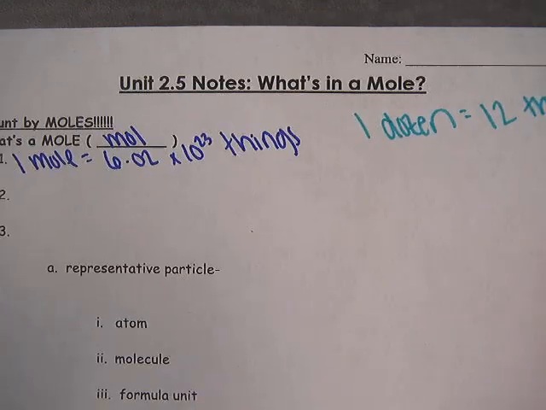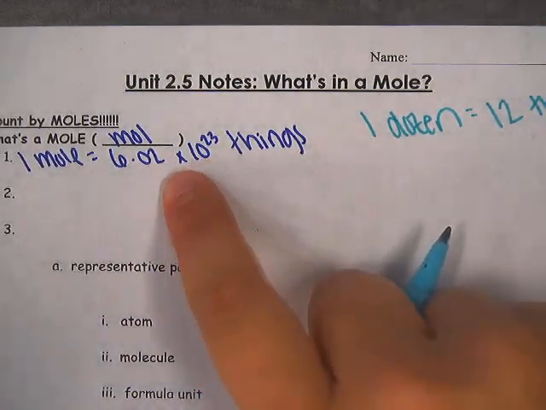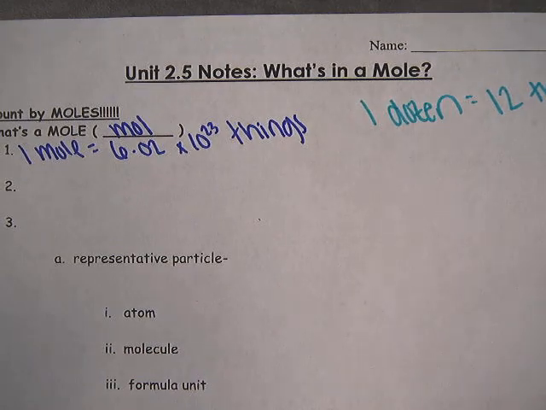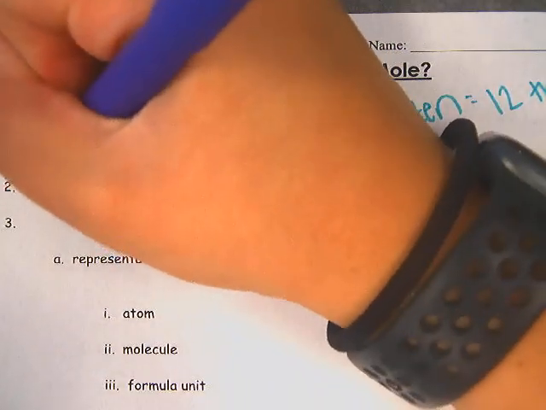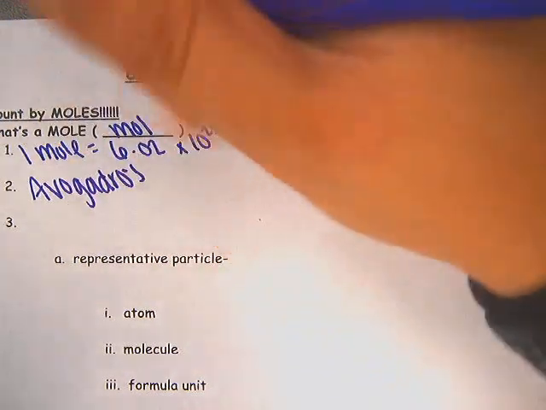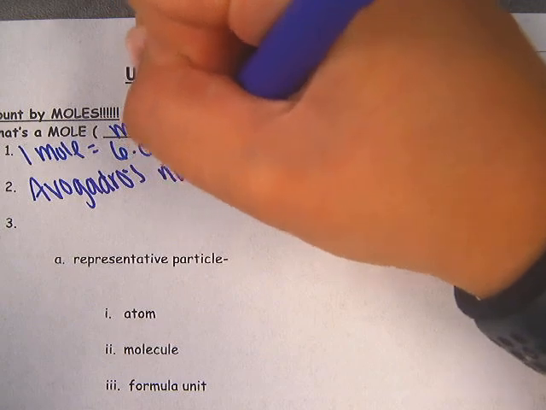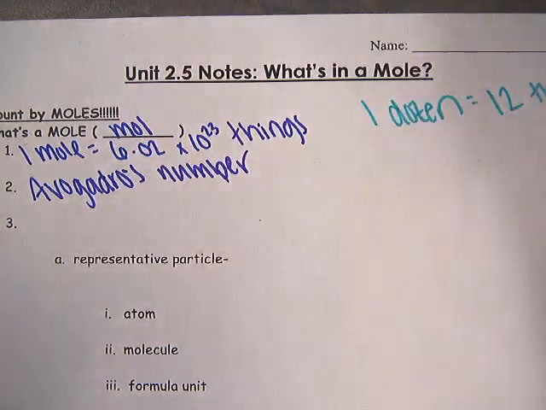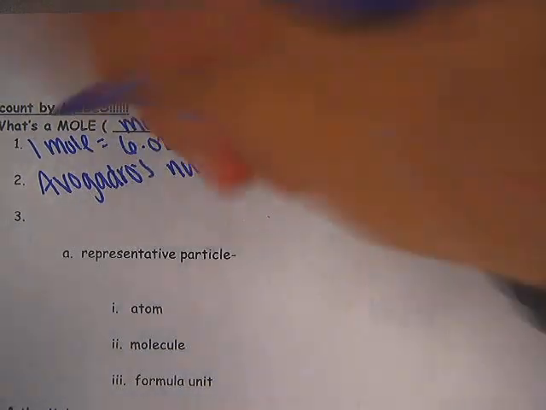If I say 1 mole, that means that many things. So it's just this number that we're representing. This number is referred to as Avogadro's number.